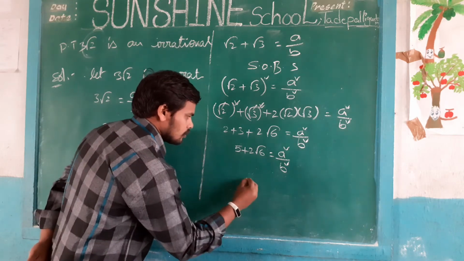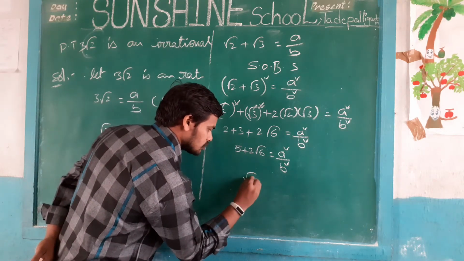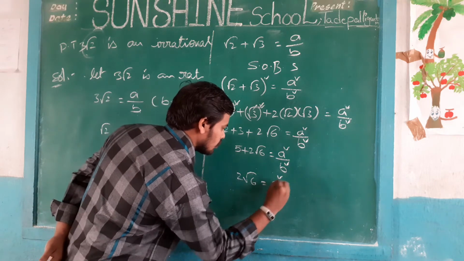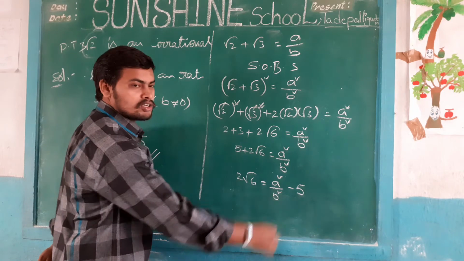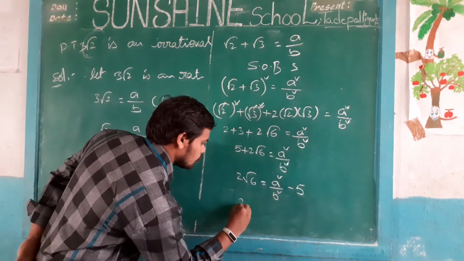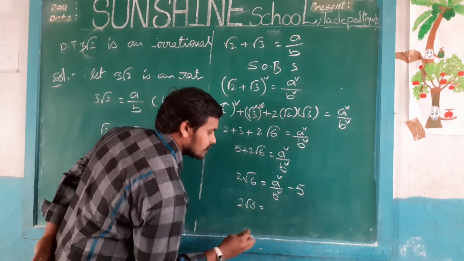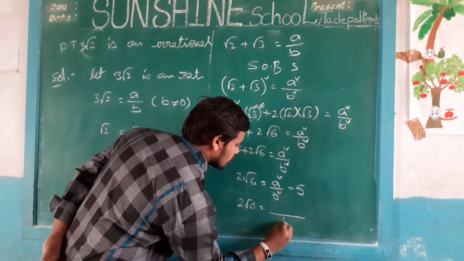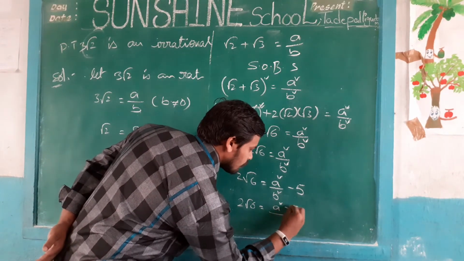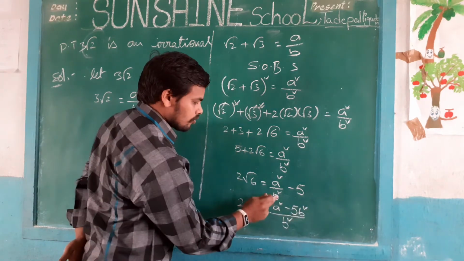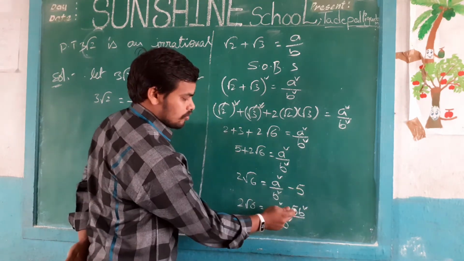So simply transform the equation: 2 root 6 equals a square by b square minus 5. Plus 5 becomes minus 5. 2 root 6 equals, what is the LCM here? b square is the LCM. So a square minus 5 b square.